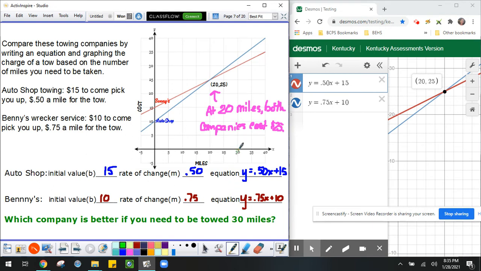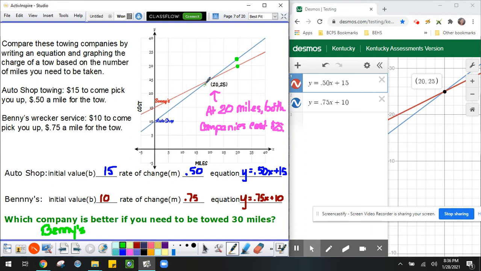So here's 30 miles, and I just travel up to my two lines. And at 30 miles, it's right here or right here. The higher up is more expensive, the lower is less expensive, which is my red line. So Benny's is better if I need to go 30 miles.